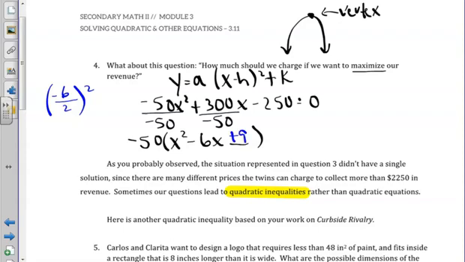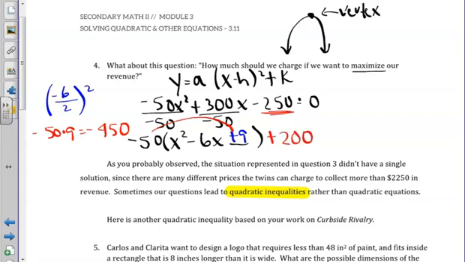So when we complete the square, we'd get a positive 9. We would have to redistribute to figure out what that c value is and see how we can go from there to negative 250. So when I redistribute negative 50 times 9, I get negative 450. So how do I go from negative 450 to negative 250? Well, I have to add 200.